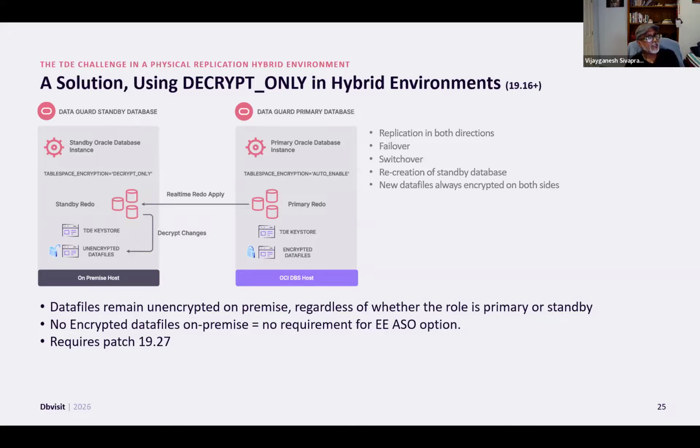And the key thing is, if your on-premise becomes your primary, and any new tablespace is created on your on-premise, the standby in your OCI is encrypted as well. That is also taken care of with your tablespace encryption parameter.